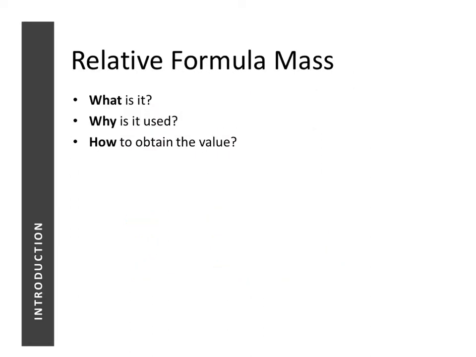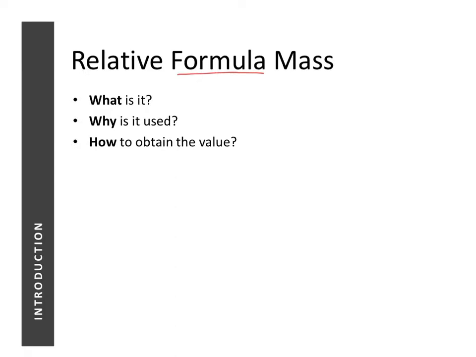Now the next term that we need to learn is relative formula mass. By now you should guess that it's similar to the two terms that we have learned before. We have looked at the average mass of an atom, and the average mass of a molecule in a covalent compound.